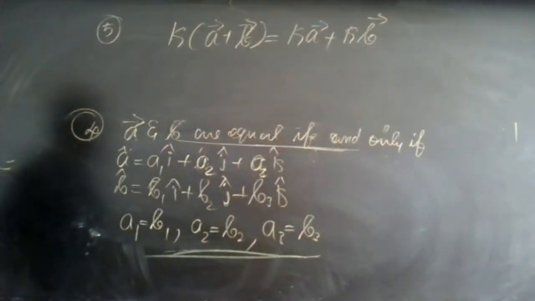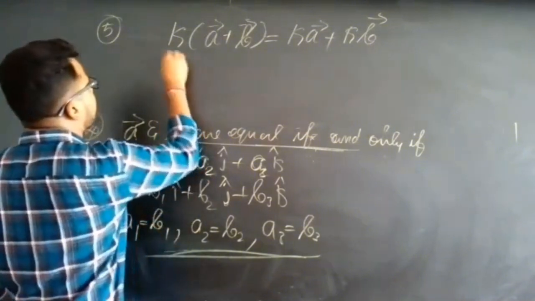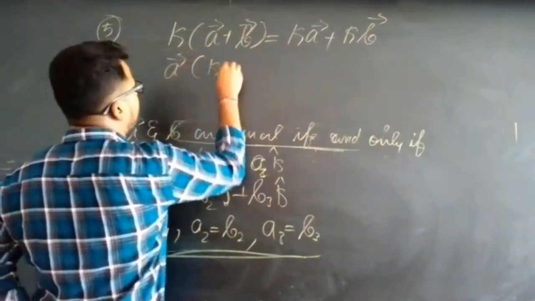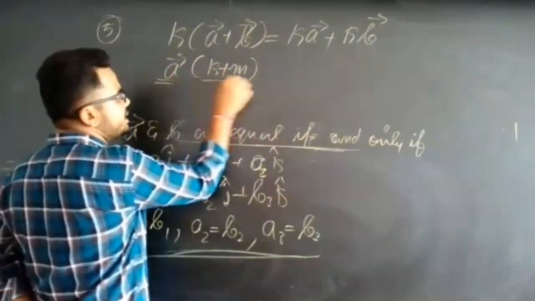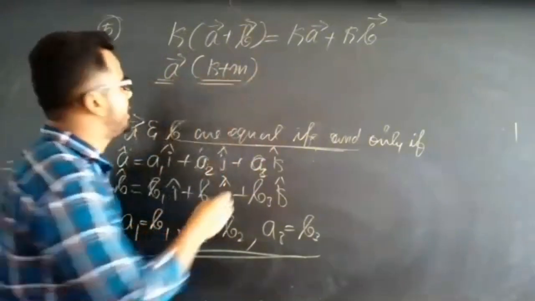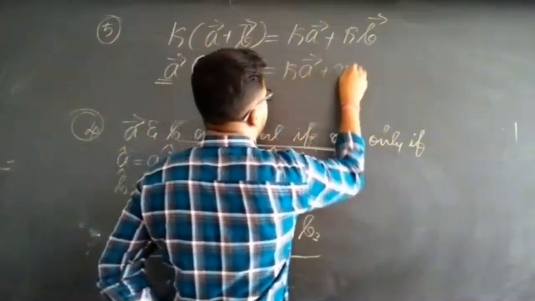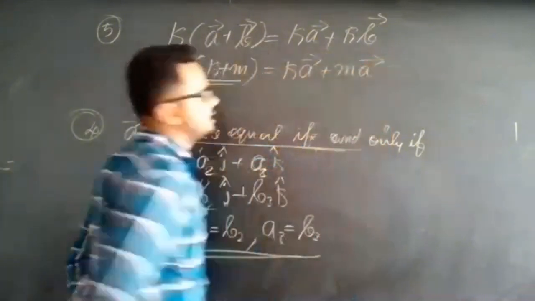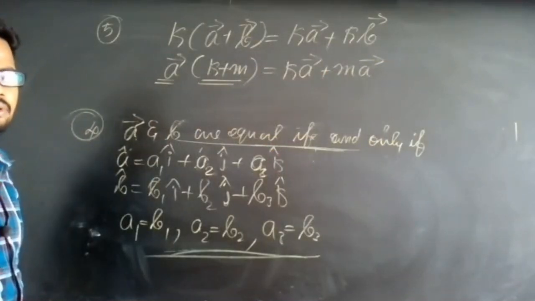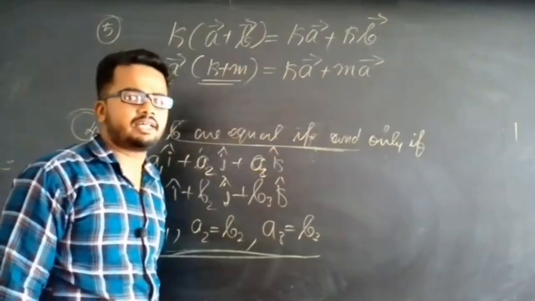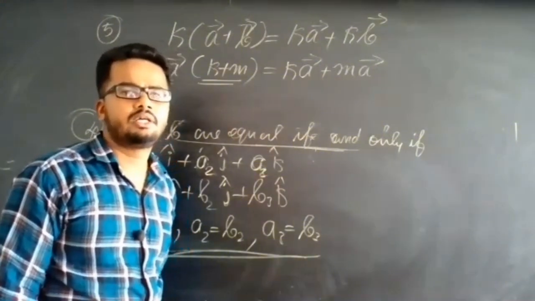Now consider two constants, which are scalars, and the vectors. We can multiply (k plus m) into vector a. Clear to you?